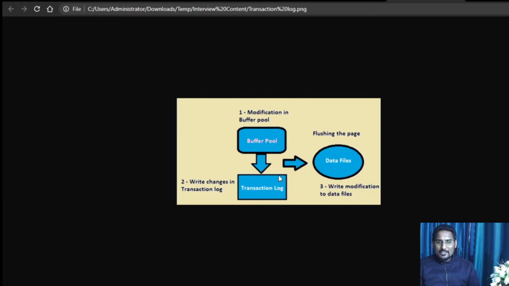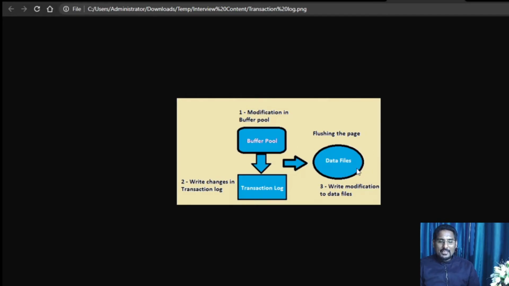After this transaction gets completed in the buffer pool, the complete record from the transaction log then moves to the data file. In the data file, the complete data about the creation of the table and inserting the data inside the table gets permanently stored on the hard drive.